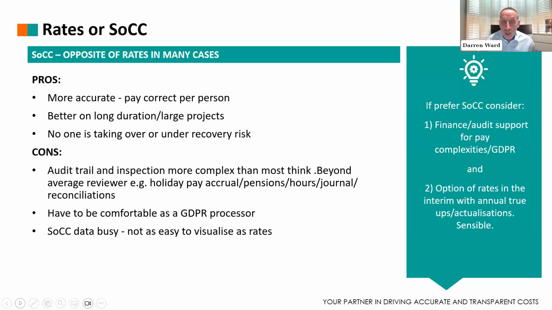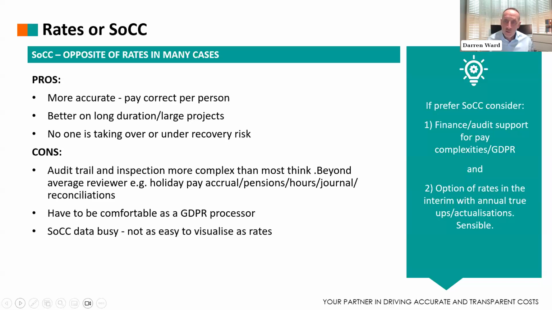The other one is you've got to be comfortable handling this more sensitive data because of GDPR and privacy rules. Not everyone wants to do that. And it's much busier. You know, the schedule of cost components is a whole list of items that can be included. Yeah, so certainly not as easy and as simple to visualize and work with as rates.